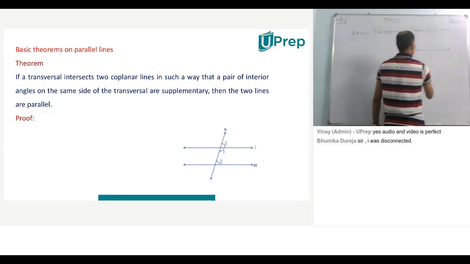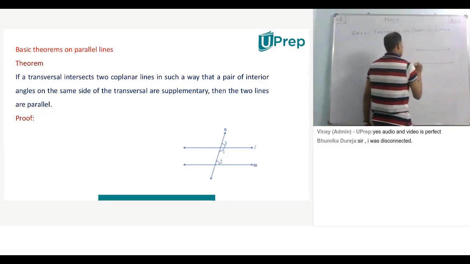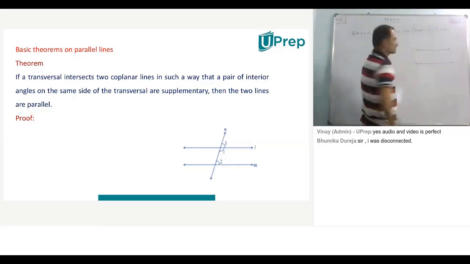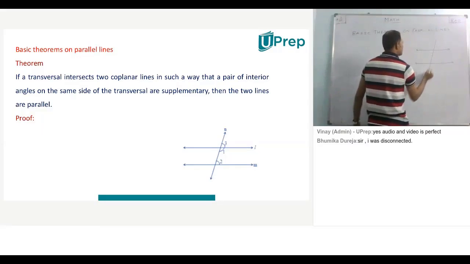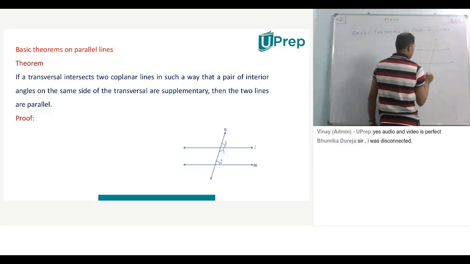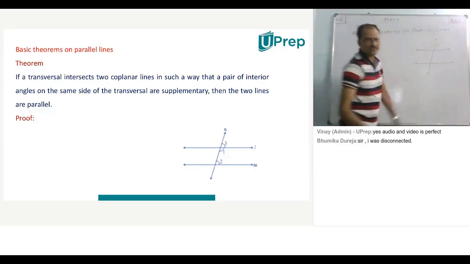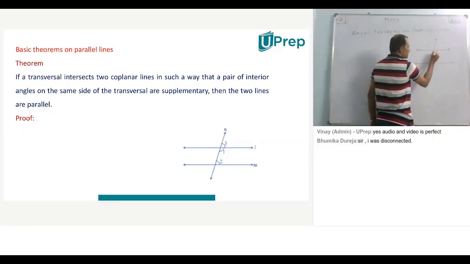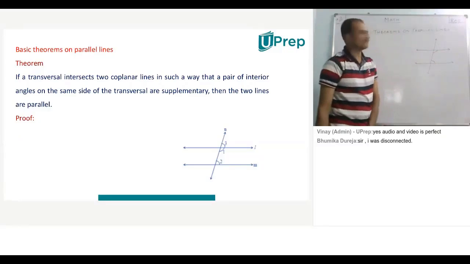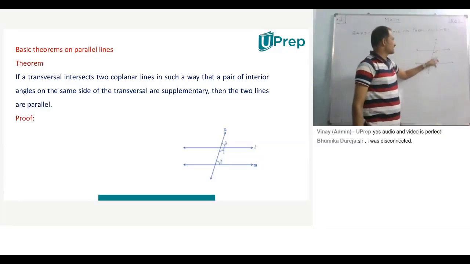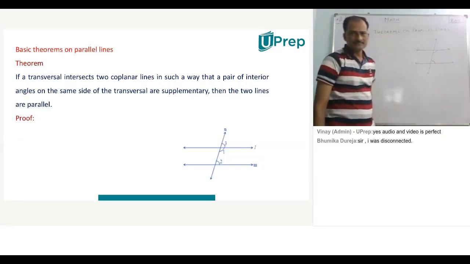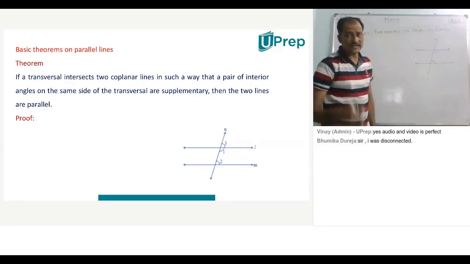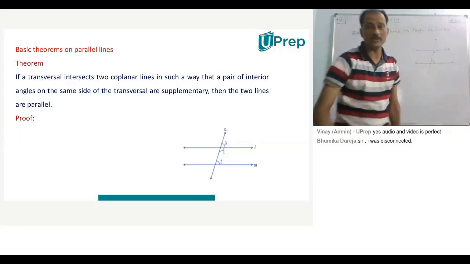Okay. Let us take two lines intersected by the transversal. Now let us take a pair of interior angles which lie on the same side of the transversal. These are supplementary, is given. Now we have to prove the lines are parallel. Can you tell me how can we prove it?